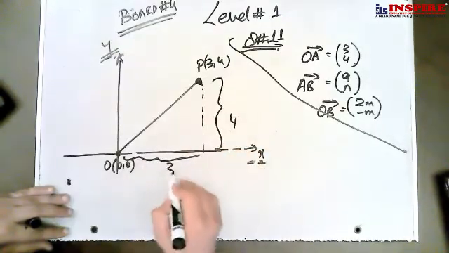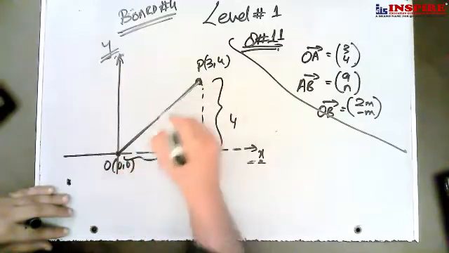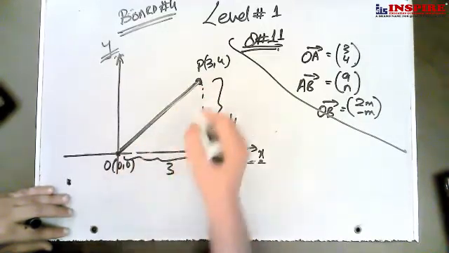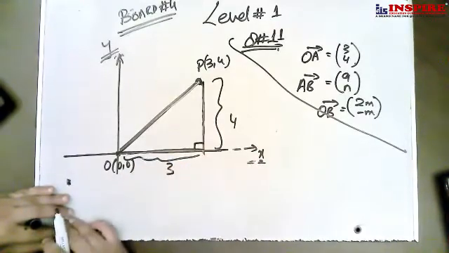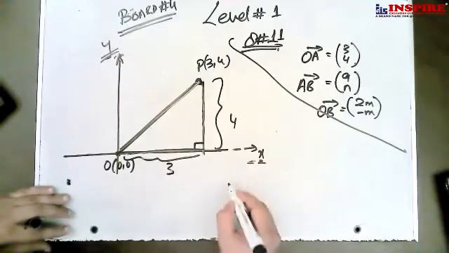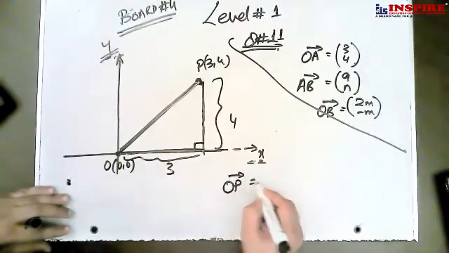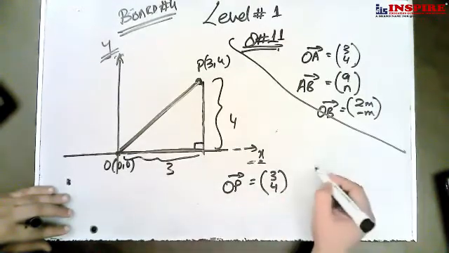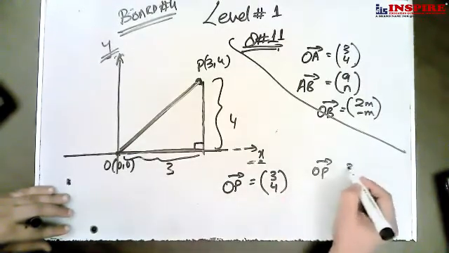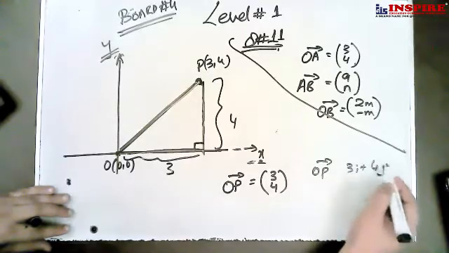This is 3. If I ask you, friends, Romans, countrymen, is this Pythagoras theorem applicable? Yes. Congratulations. So if I say OP is equal to 3 and 4, yeah, OP is equal to 3i plus 4j.